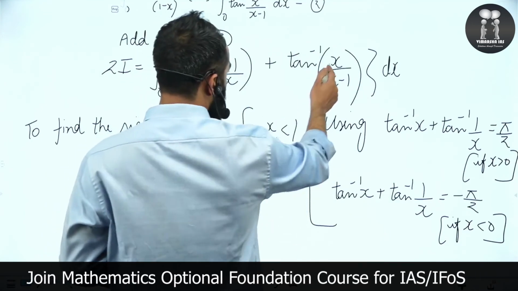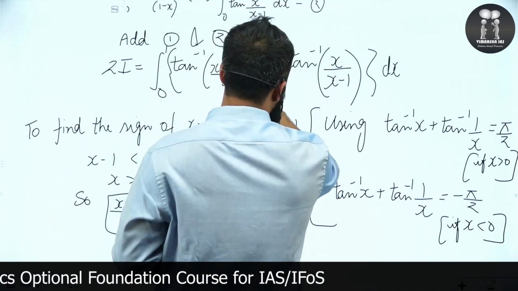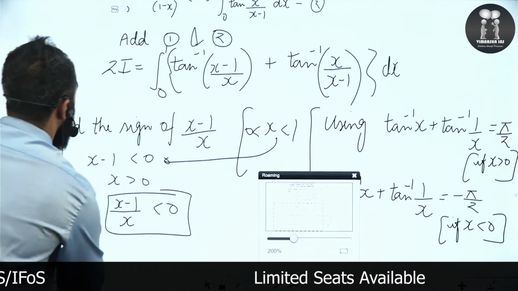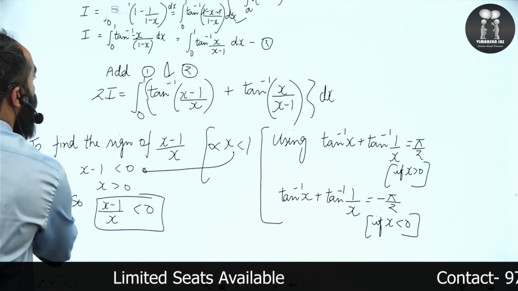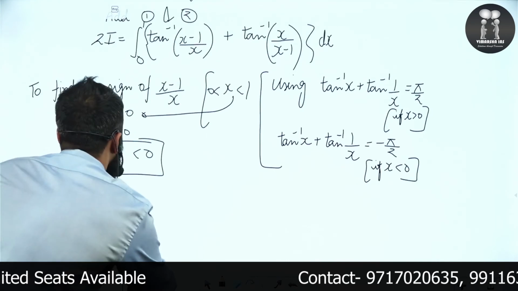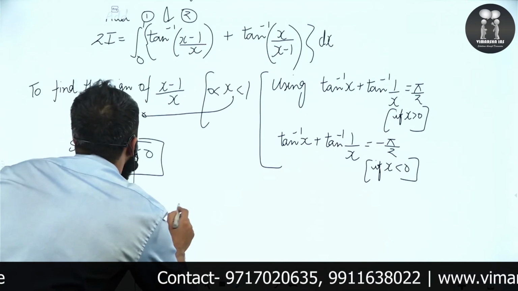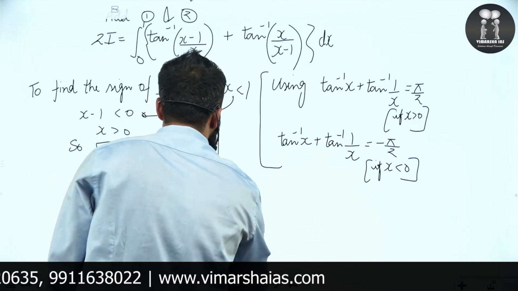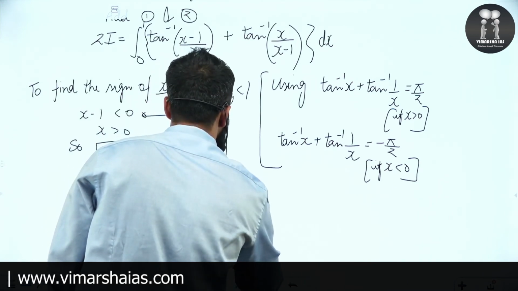And it is the reciprocal of this whole term. So from here you will get the value as minus pi by 2 dx.